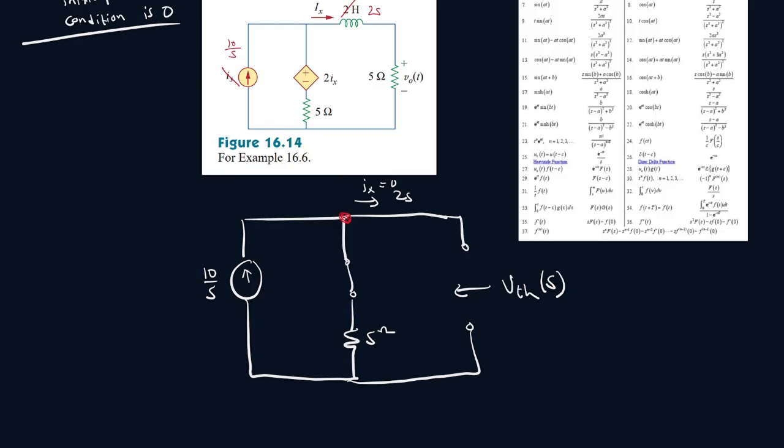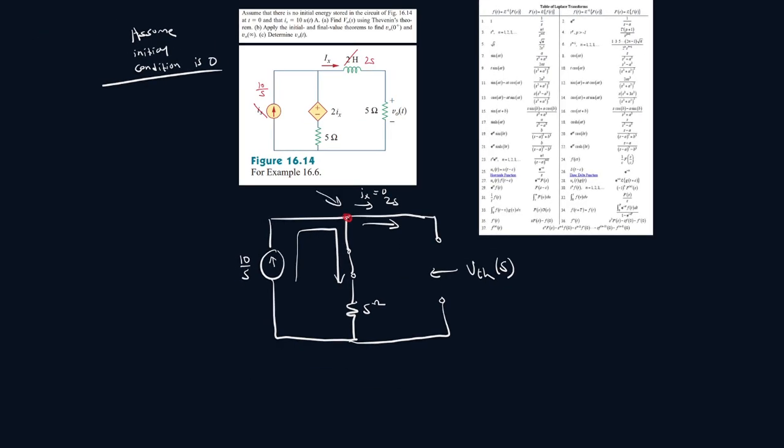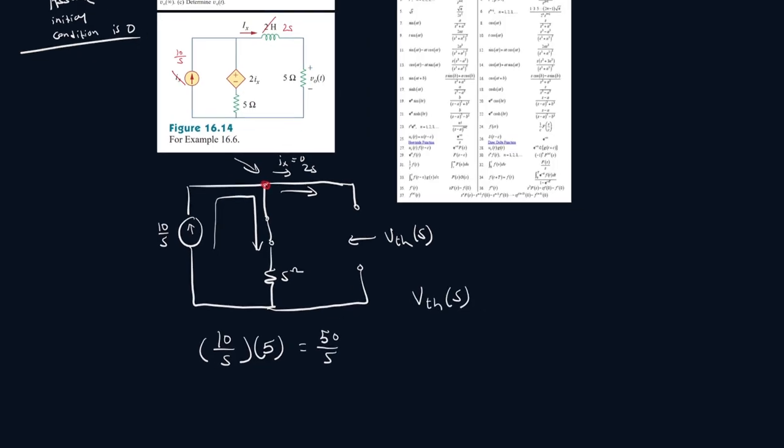So we see I will just be moving like this, because current here will just be 0. So to get the voltage here, we just multiply 10 over S times the resistance, which is 5. And you should get 50 over S.